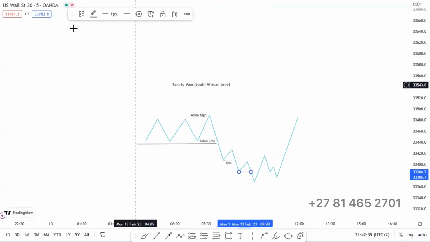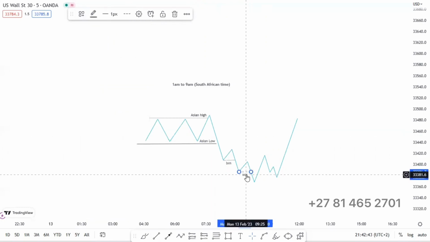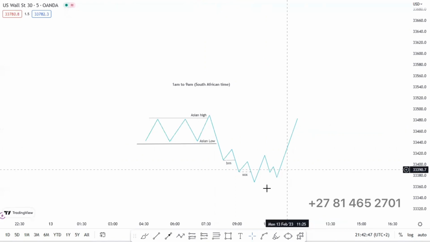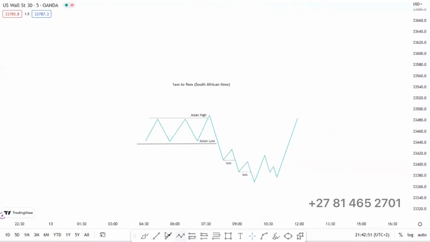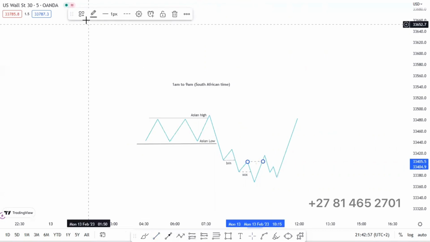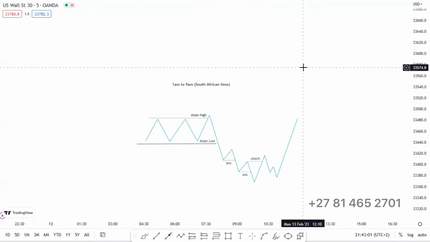So this is a break of structure to the downside, and this break of structure also to the downside, but we call it liquidity or inducement, which is the sweep of liquidity. And then after that, we see a change of character here, a change of character to the upside.